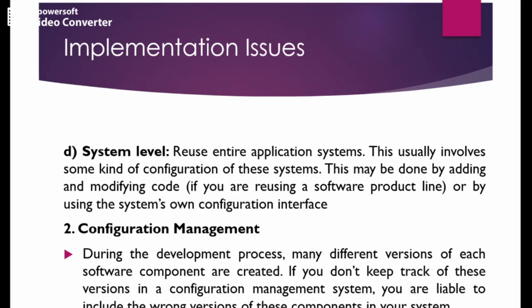Next we'll see configuration management. During the development process, many different versions of each software component are created. If you don't keep track of these versions in a configuration management system... suppose you develop a software, then the versions of that software should be maintained.